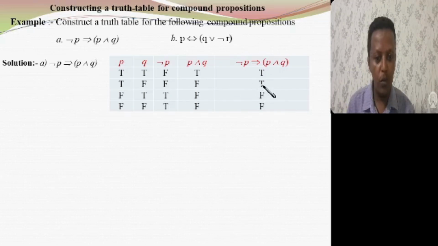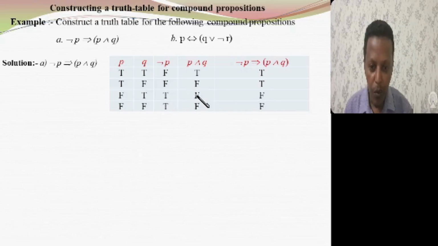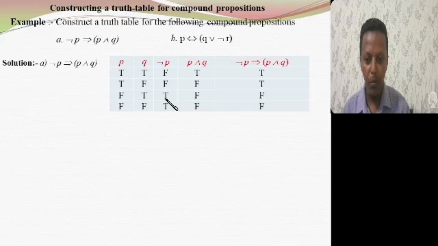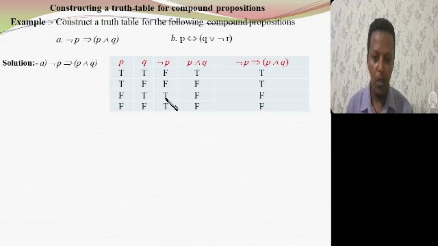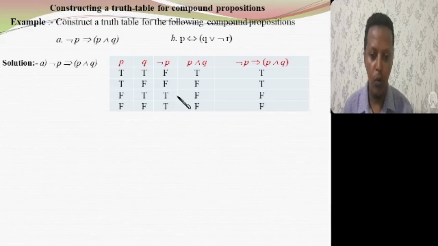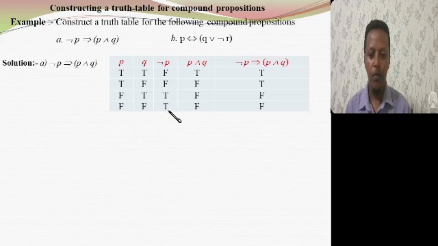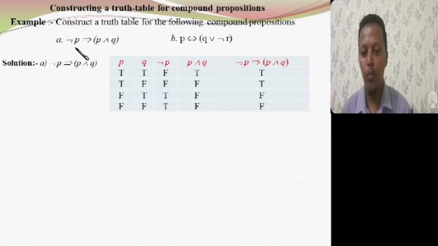False implies false is true. That is the rule of implication. True implies false: whenever you imply from a true hypothesis to a false conclusion, in logic, true implies false is false. Again, true implies false is false.